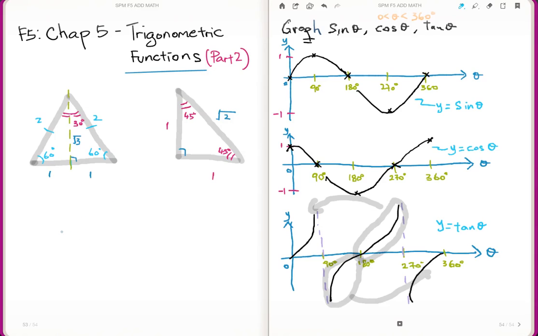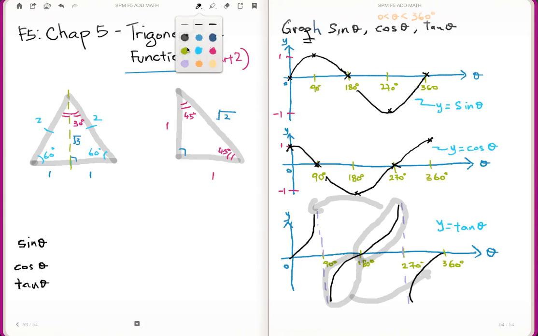If you want to make the table complete, for any sine value, sine, cos, tangent, if I were to find out a standard angle, maybe 0, in ascending order, ascending is going up, 30, 45, 60 degree, and then 90 degree.